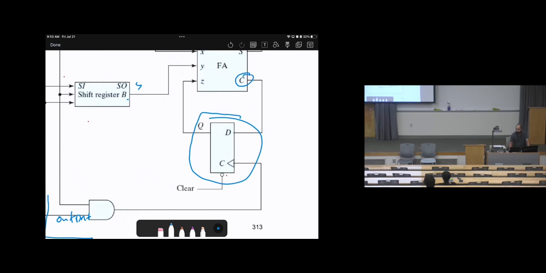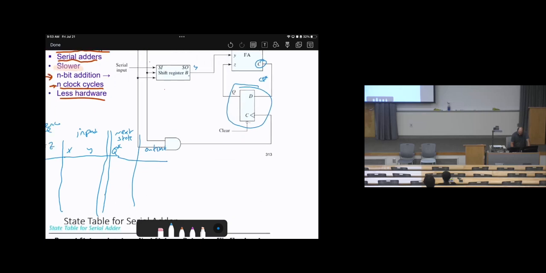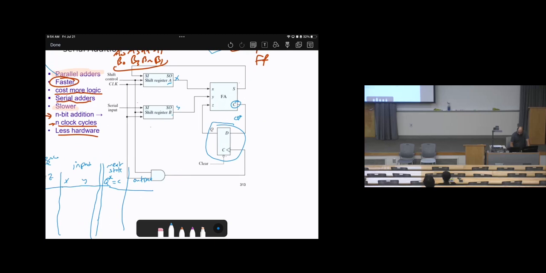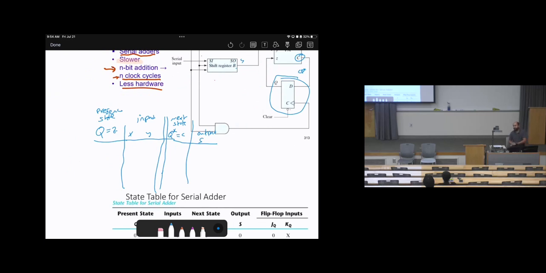Here's going to be the next state, Q star, the same as the carry bits. So, next state will be the same as the carry bits. How about the outputs? S, right? So, S. Then that's it for the inputs and outputs.